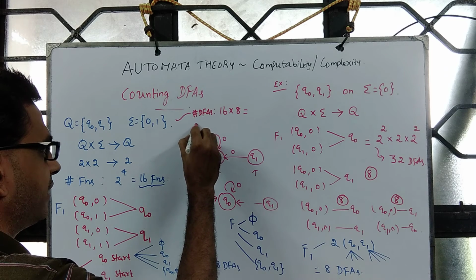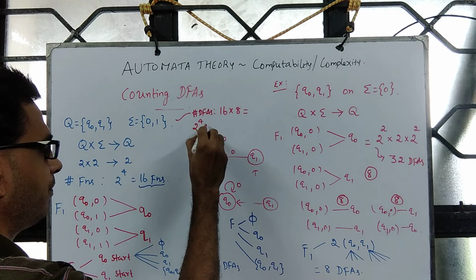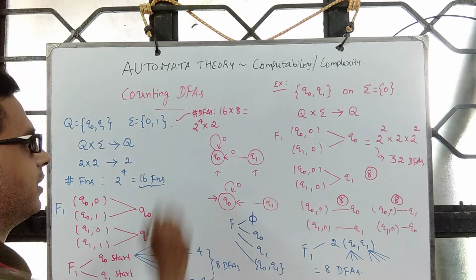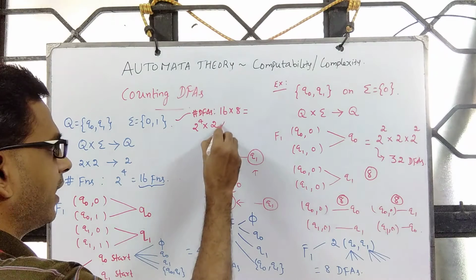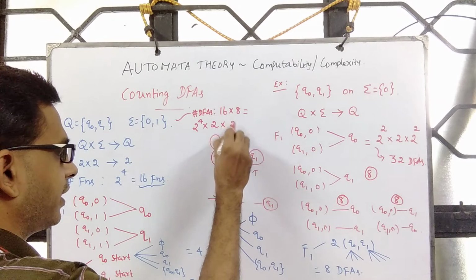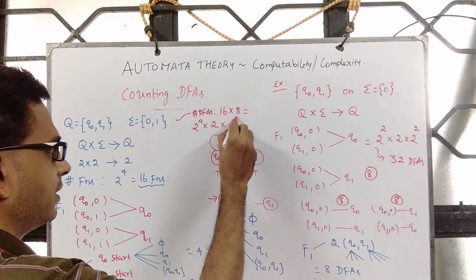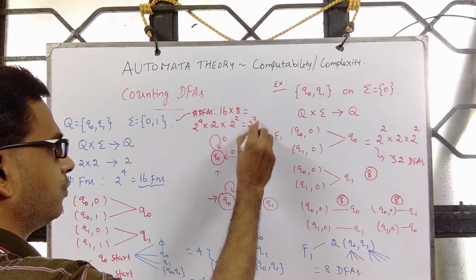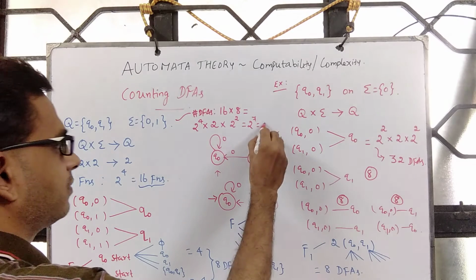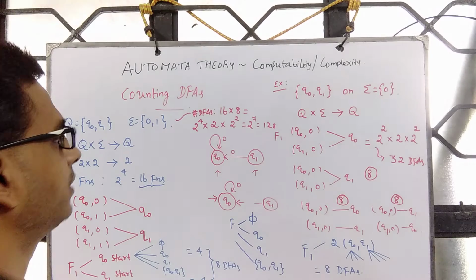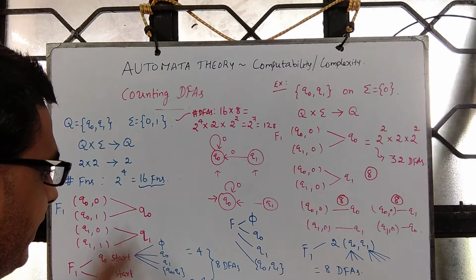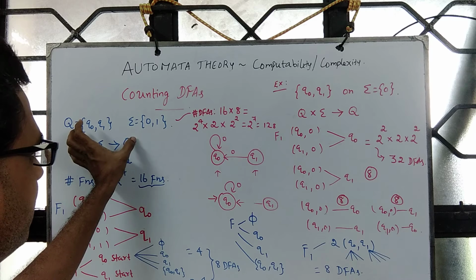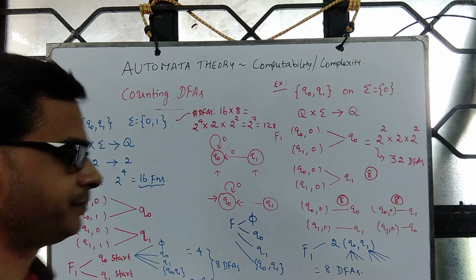The number of functions is 2 power 4, possible values for start state is 2, and possible values for final states is 2 square. So we get 2 power 7, which is 128. So we get 128 different DFAs for this example.